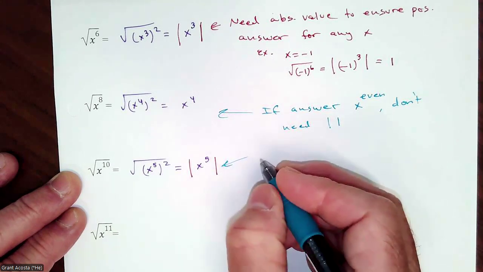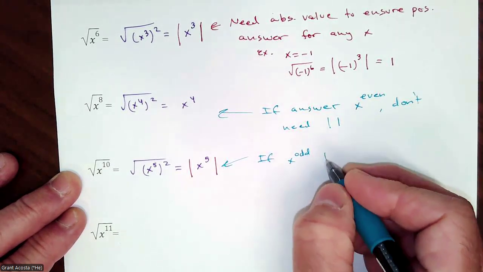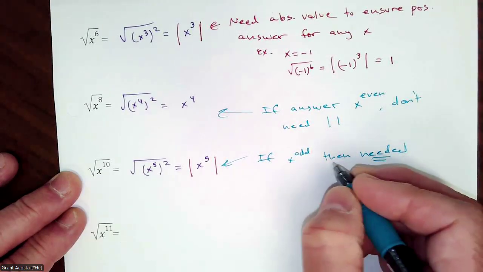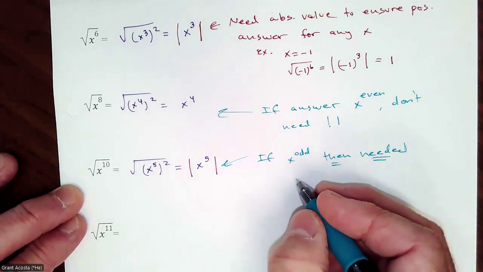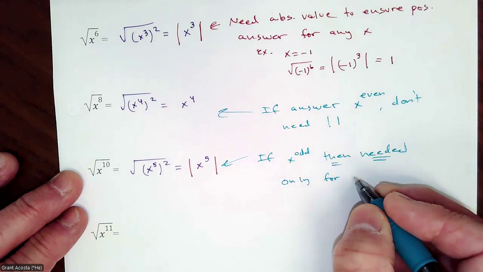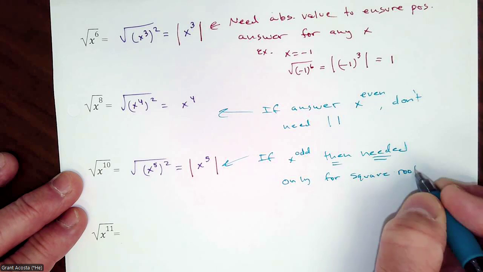But if it's to an odd power, then needed. Okay. And again, this is only for square roots, and really technically fourth roots and even roots, only for even roots, because in a minute we're going to talk about odd roots.